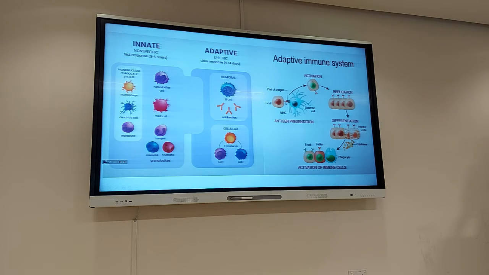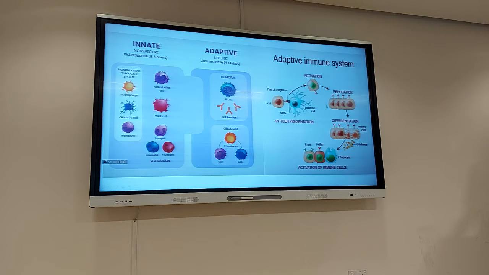This differentiates between self and non-self, and later activates the T cell, which leads to activation, replication, and differentiation, and the differentiation leads to a release of effector proteins known as cytokines. These cytokines later activate the B cells, T killer cells, and phagocytes to augment and make the immune system work better and more specifically.